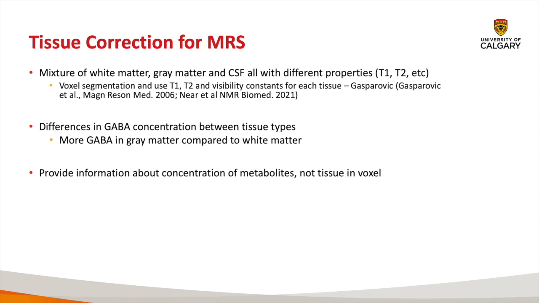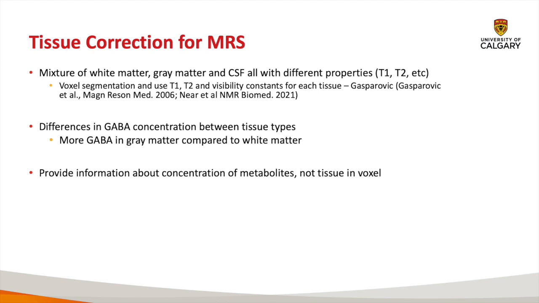What I really want to get at is how the differences in GABA concentration that vary between tissues impact our measurement. And if you think about that previous slide, if you think about voxels that are on the order of 25 or 30 milliliters, you'll appreciate there's really no way to escape having a mixture of white matter and gray matter and CSF in any of these voxels.